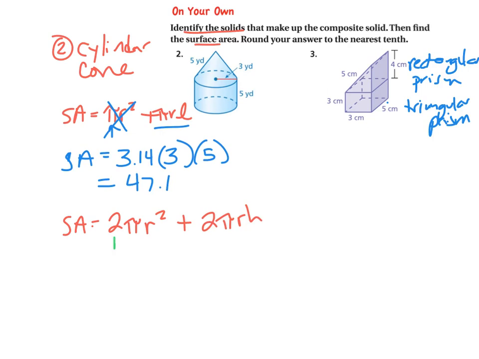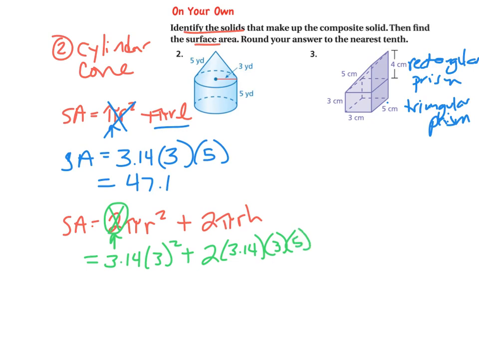Now the difference here is this first part is the base because there are 2 of them, top and bottom. Well, we only need 1, so we're going to take out that 2 and just do pi r squared. Okay, so you're going to get 3.14 times the radius, which is 3 squared, plus 2 times 3.14 times the radius times the height.